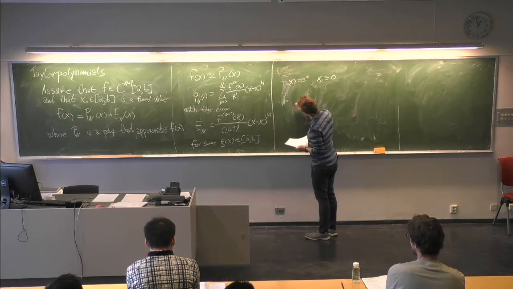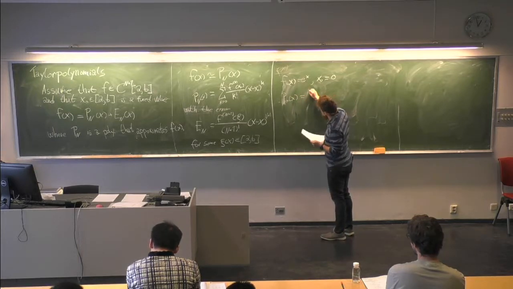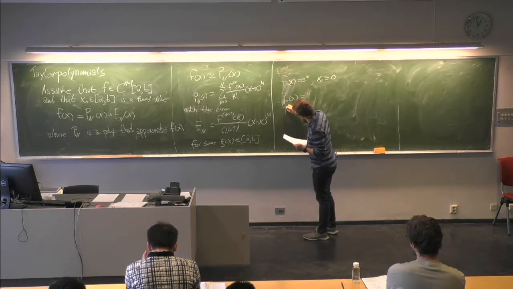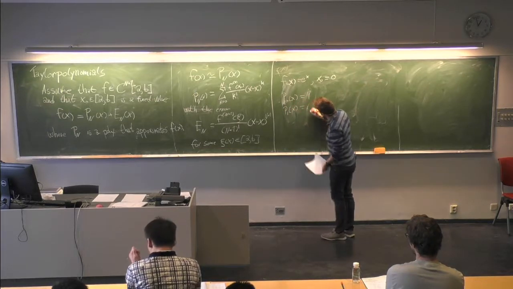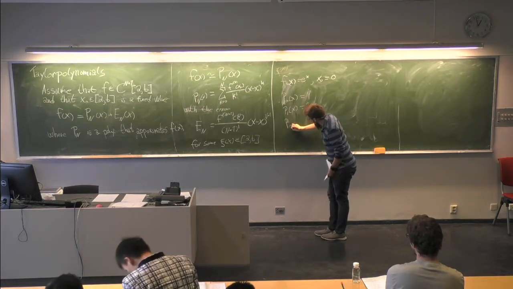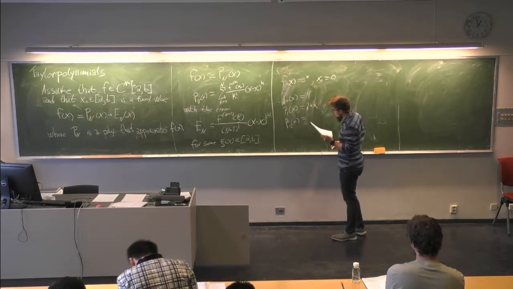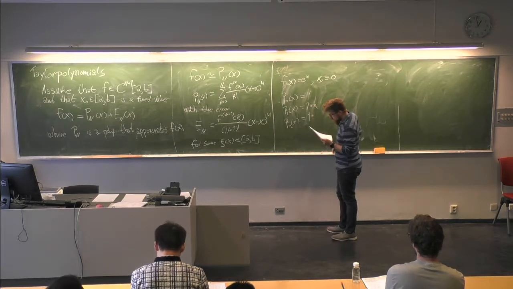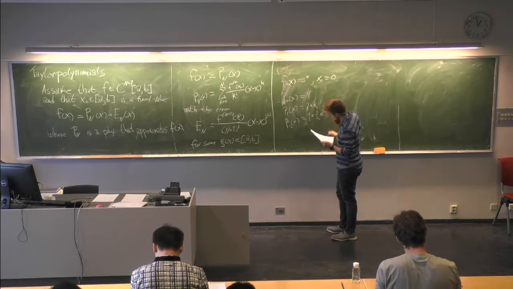e to the power of 0 is just going to be 1. First degree is 1 plus x. And if you want, you can calculate these yourselves, but I suppose you've done it plenty of times before. Second degree: 1 plus x plus a half x squared.